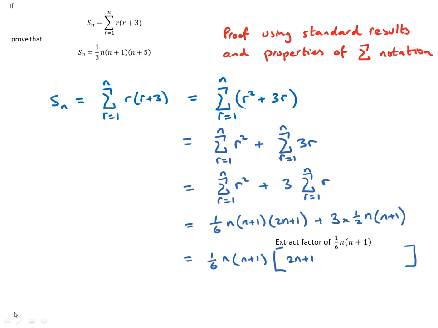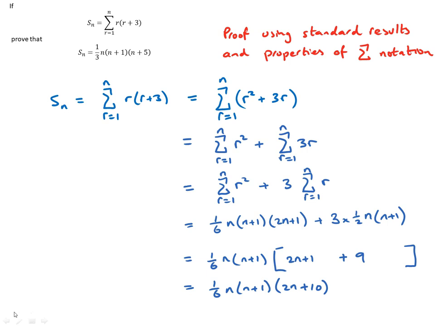If we look at the second term, we've got 3/2 n (n plus 1). So I've certainly already picked up the n, I've picked up the n plus 1. To get the 3/2, I'm going to need to multiply 1/6 by 9. So to pick up the 3/2 n (n plus 1) term in the second bracket, I just need to add 9. That second bracket clearly simplifies to 2n plus 10.